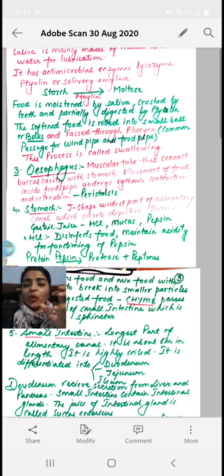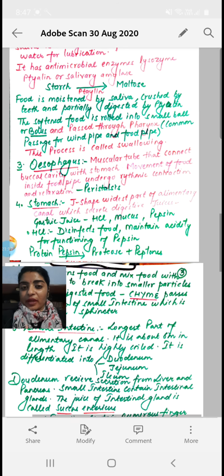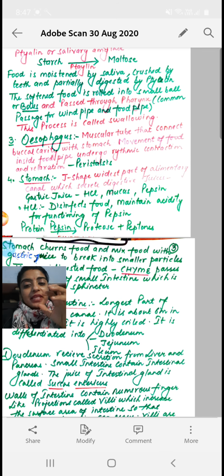That small ball like structure, that clump of the food, the rolled food which is mixed with the saliva, is called as bolus. Okay, this bolus then passes to the pharynx. Now what is pharynx? Pharynx, it is the common passage, common pathway for the windpipe as well as the food pipe. यानी ये common रास्ता है जहाँ से food pipe और windpipe move करते हैं.